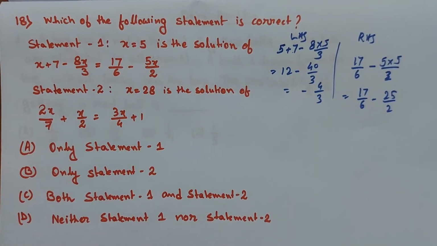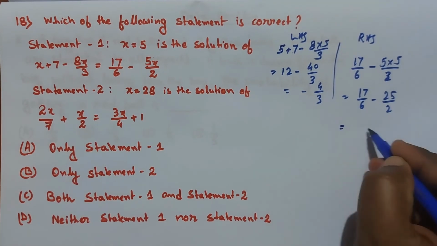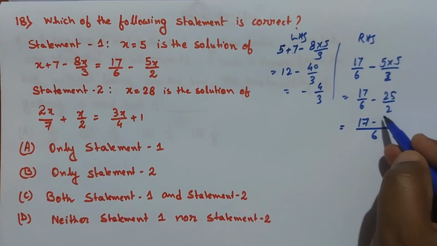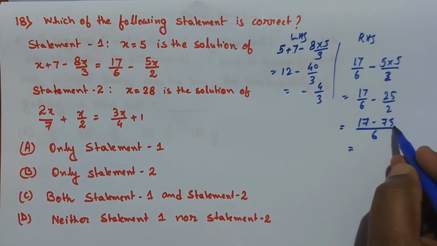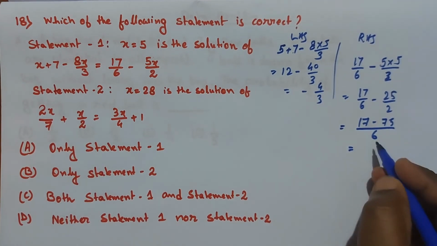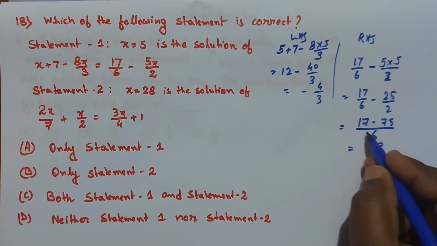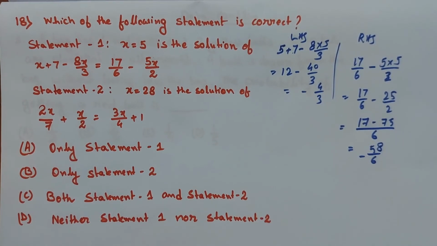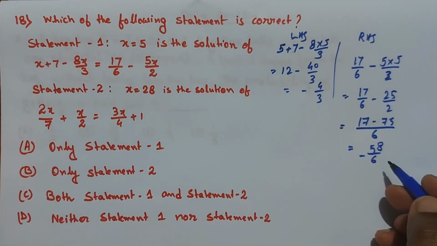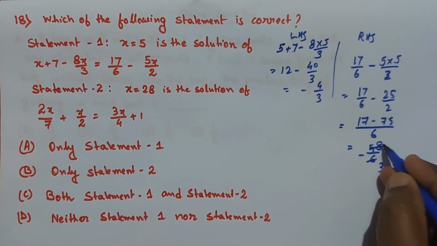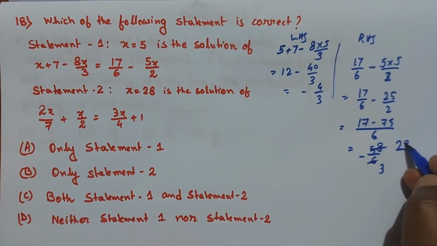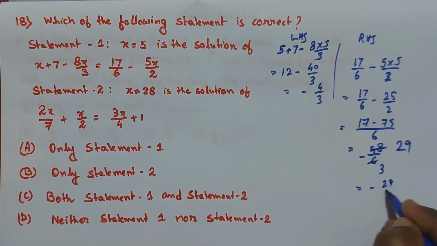The LCM is 6, so this is 17 minus 75, which equals minus 58 by 6, which is minus 29 by 3.